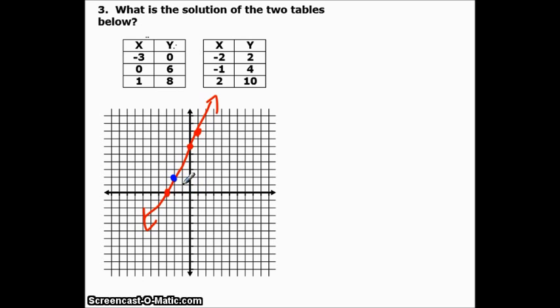Negative 1, positive 4. And 2, 10. Well, if I connect them, I'm going over the exact same line. Okay? So what we say here is because all of these points are solutions, there are infinitely many solutions.